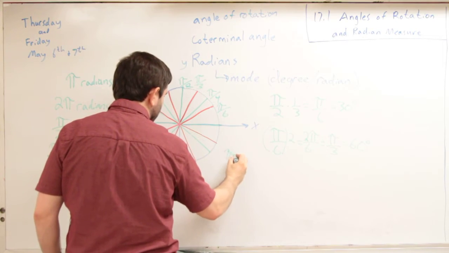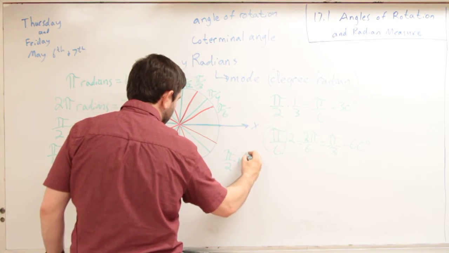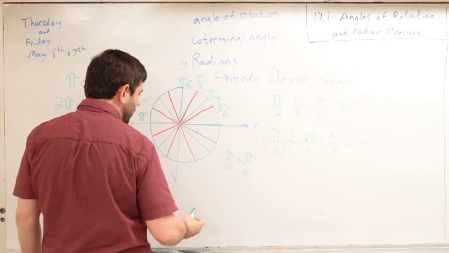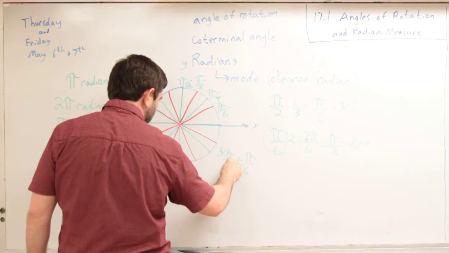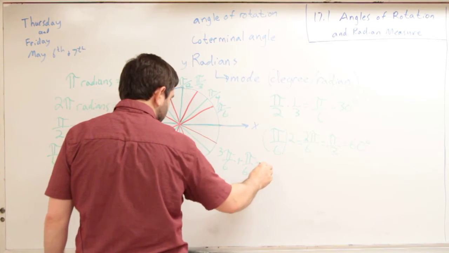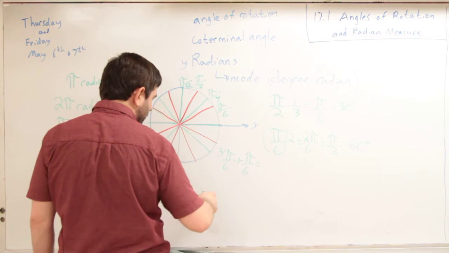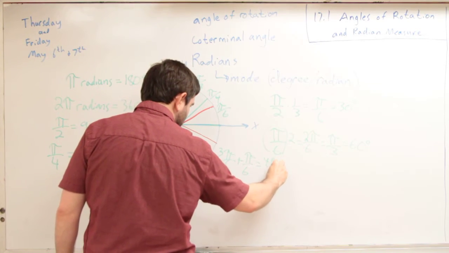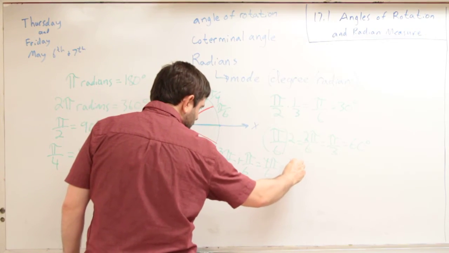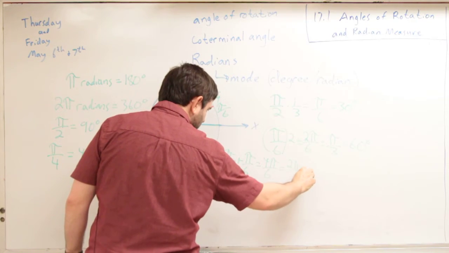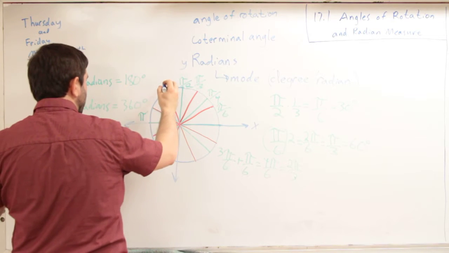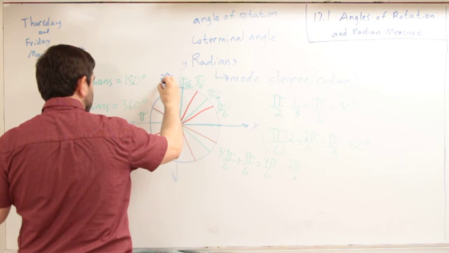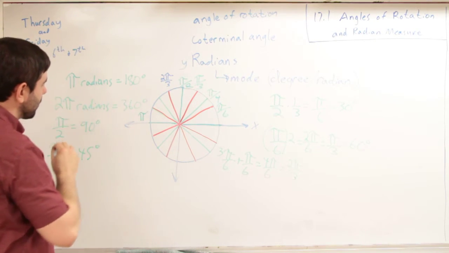Well, we will have to multiply this by 3 to get a common denominator. And this will equal 3 pi's plus 1 pi equals 4 pi's over 6. So 2 pi over 3.